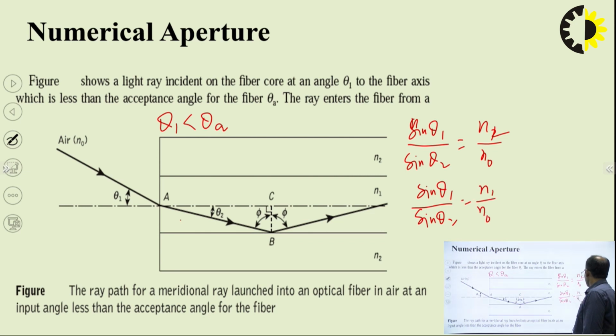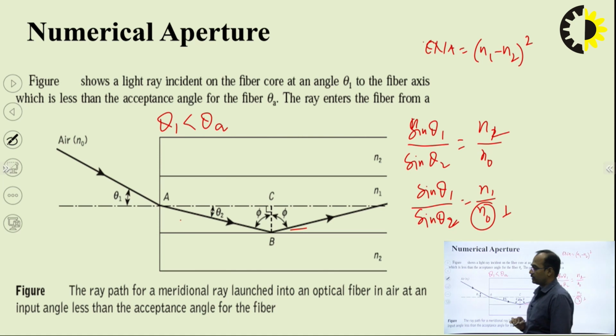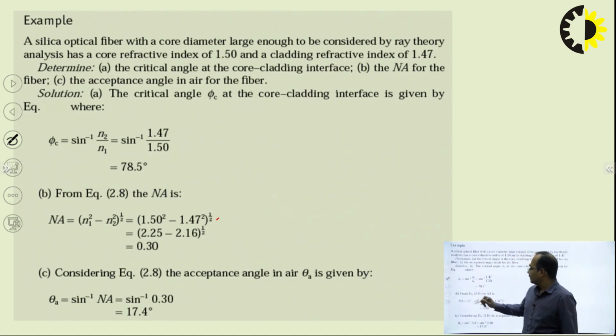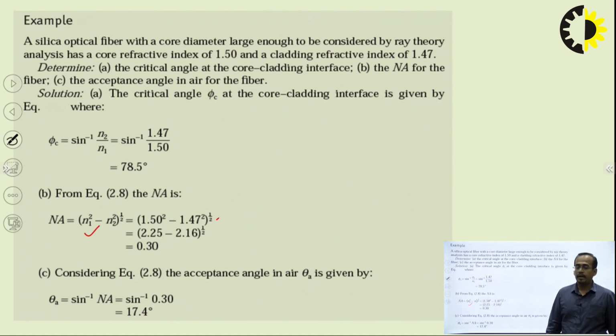We have to find the value of sin theta 1, and this is the angle of incidence. After calculating, we get the numerical aperture is equal to the square root of n1 square minus n2 square, because n0 is equal to 1 in this case. So, we can write this formula: numerical aperture is nothing but under root n1 square minus n2 square.